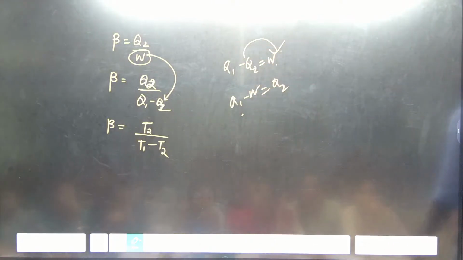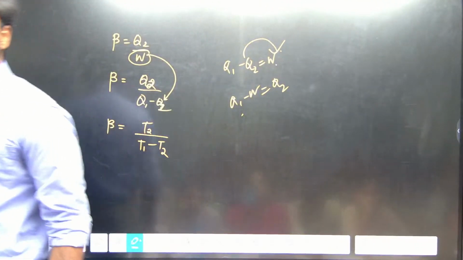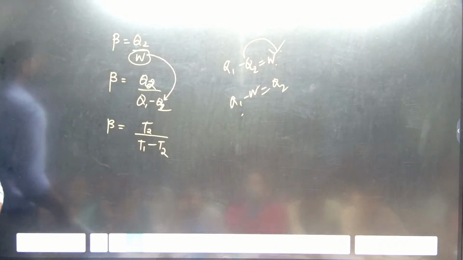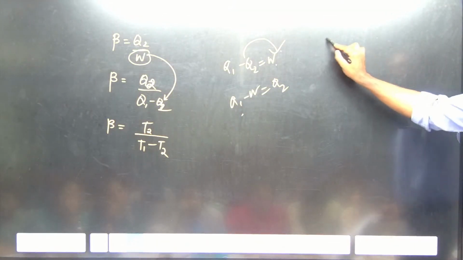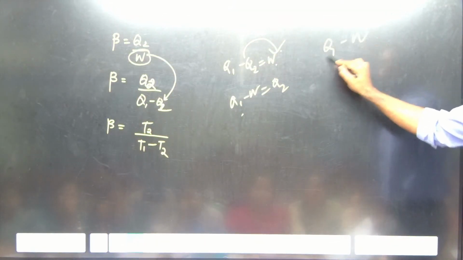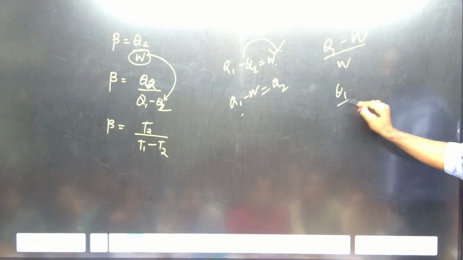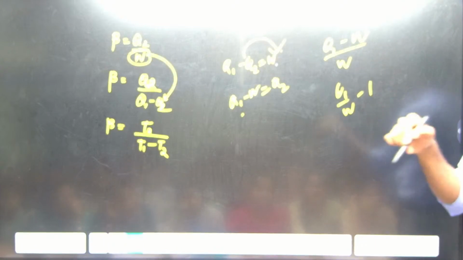Substitute the value there. So I get Q1 - W by W, so Q1 by W - 1. You will get? Yes or no?